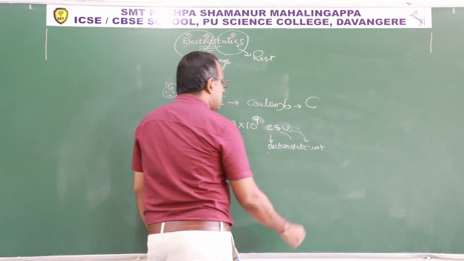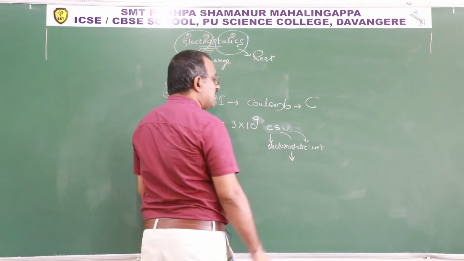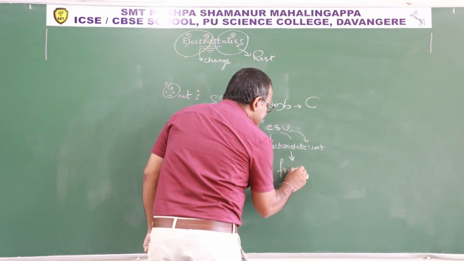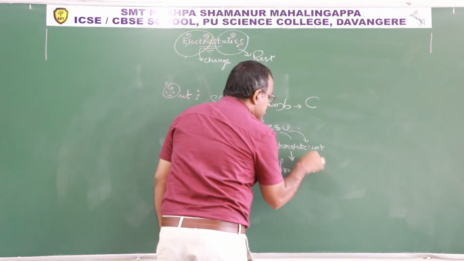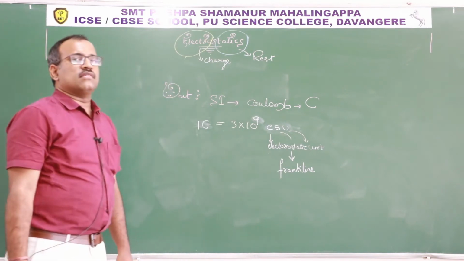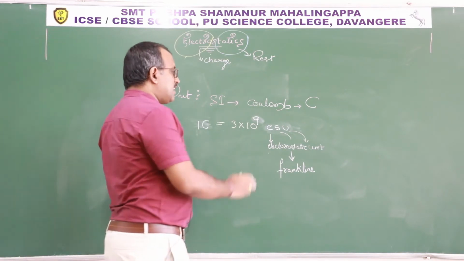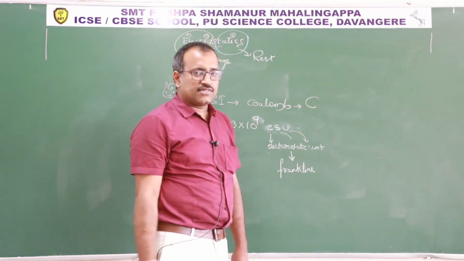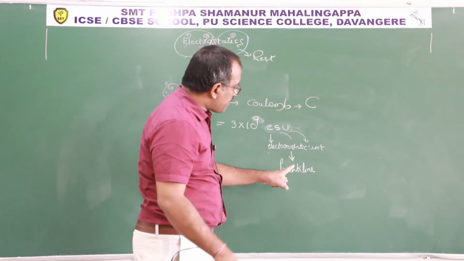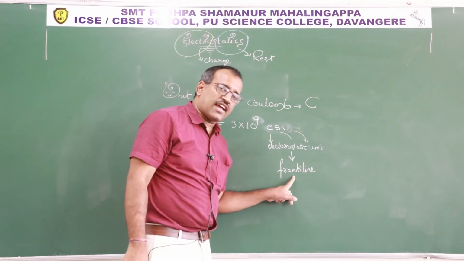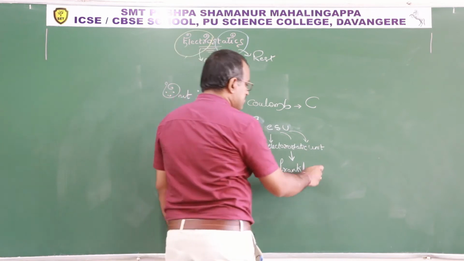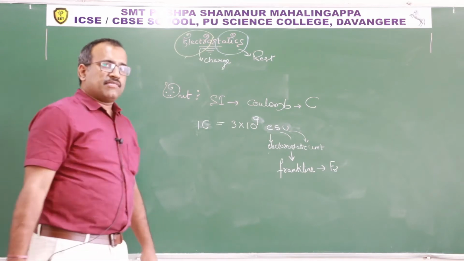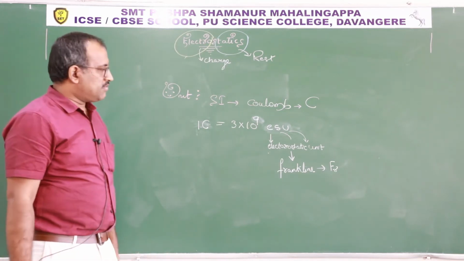And this electrostatic unit is also called Franklin, which is a scientist's name. In his honor, they kept the name Franklin. The symbol is Fr.